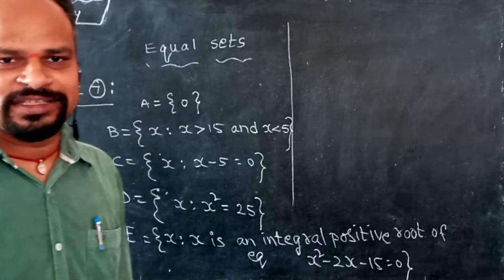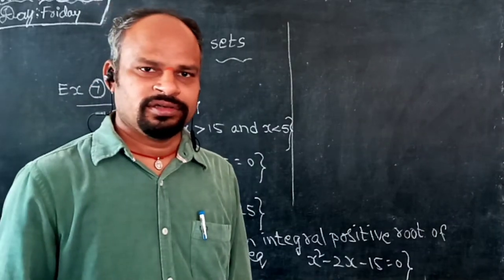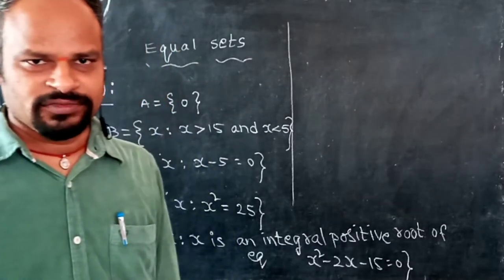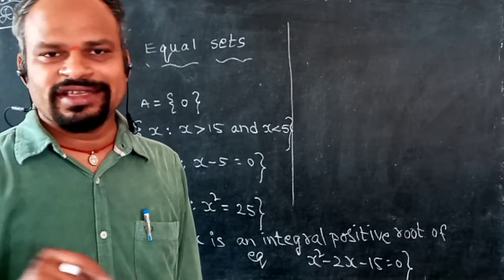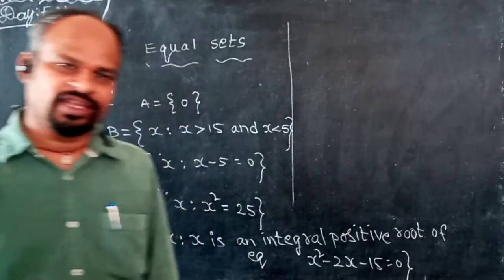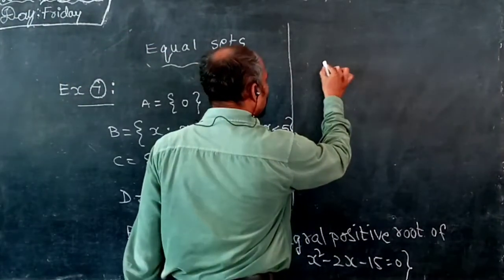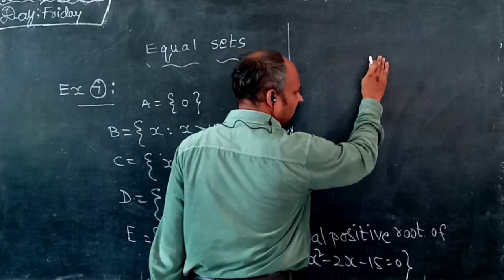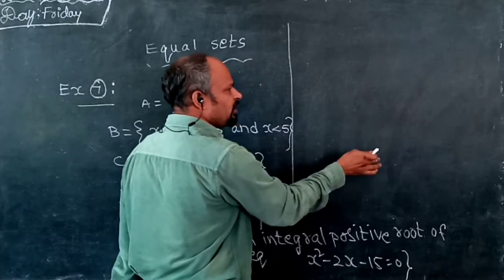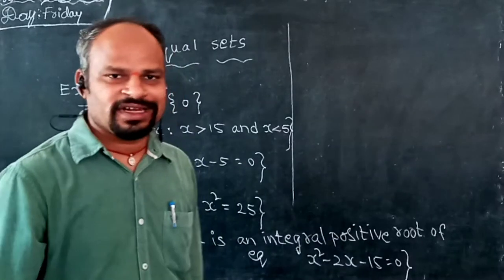Every element present in set A is an element in B, then we can say that A is equal to B. Not only this, every element in set B should be present in set A. All the elements present in A should be present in B, and all the elements present in set B must be present in set A. Then we can say that the two sets are equal sets.